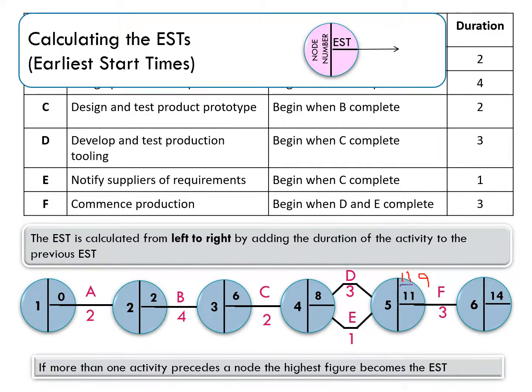So here we're going to take 11 rather than 9. Always take the highest figure, because remember, F cannot start by definition until both D and E are finished. So we have to wait for the longer of the two activities to finish, and that means F can only start after 11 weeks.